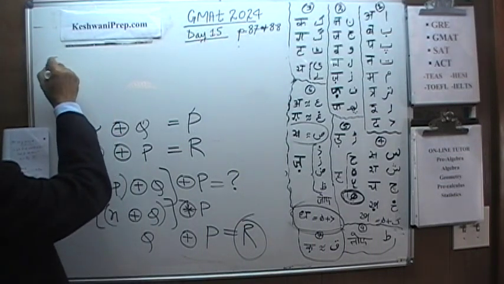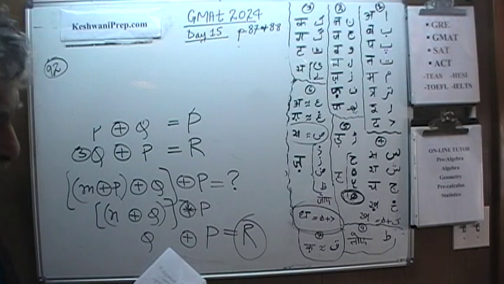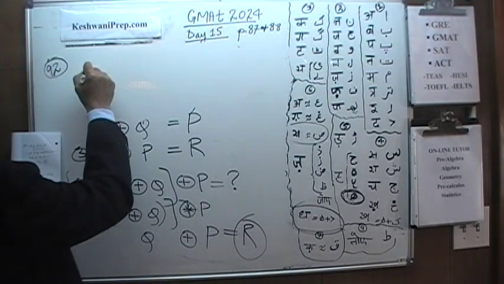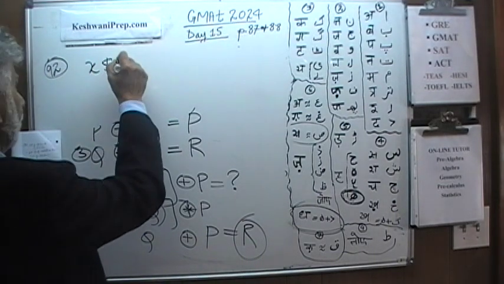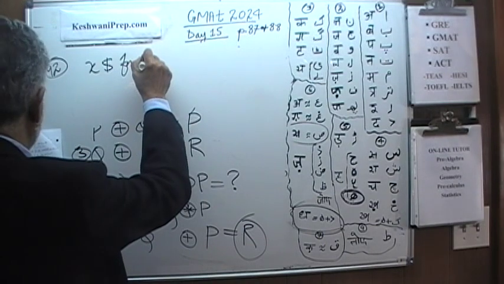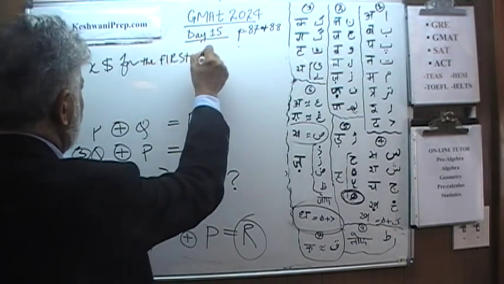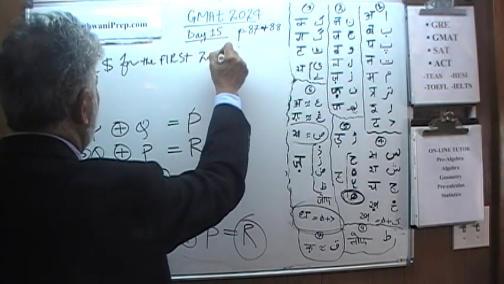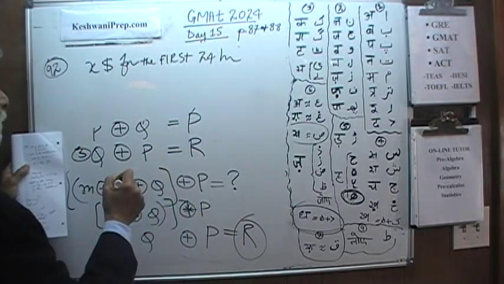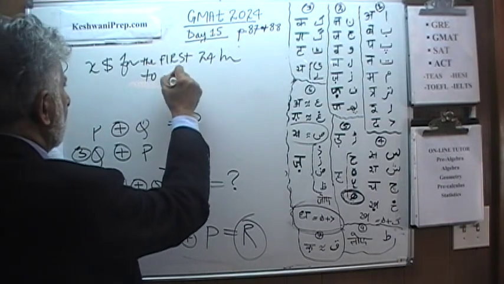In 92 we are told that we're going to rent a car and the cost of renting is X dollars for the first 24 hours to rent a car.